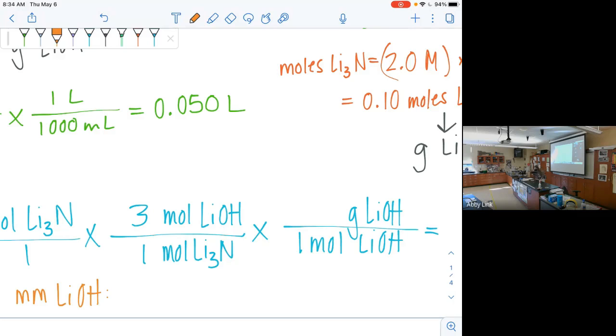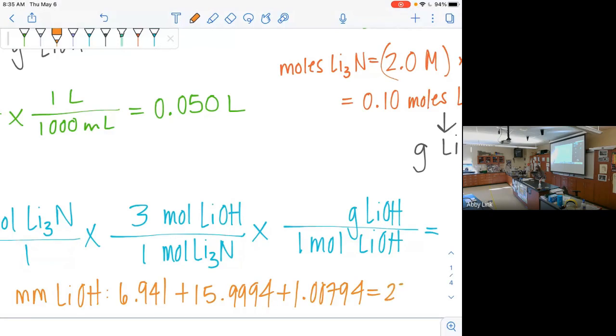Lithium is 6.941, plus oxygen is 15.9994, plus hydrogen is 1.00794. That molar mass comes out to be 23.95 grams per mole.